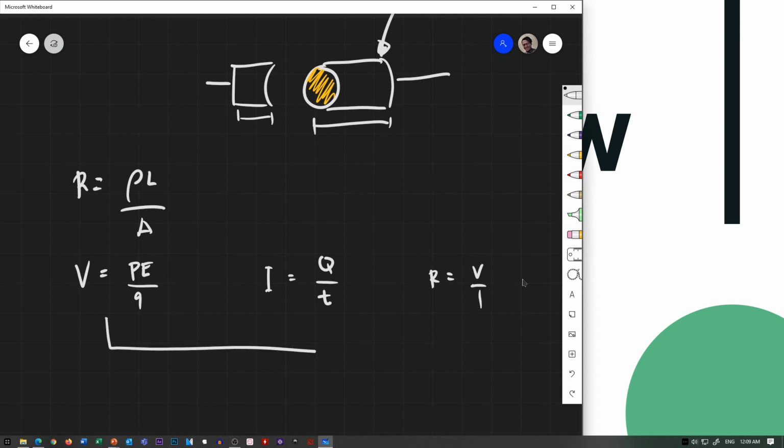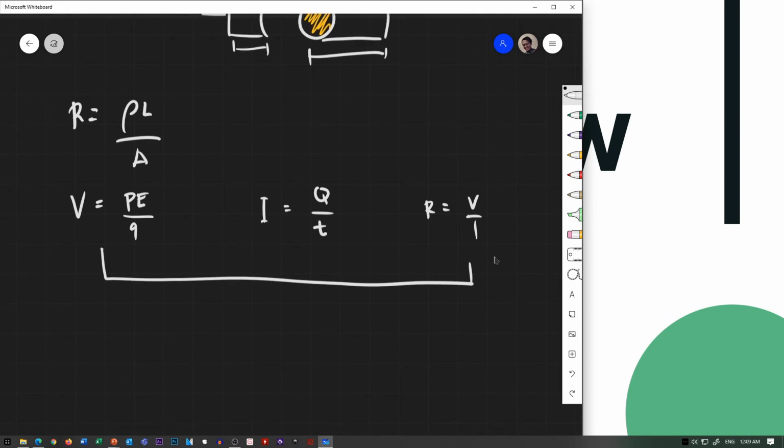Connecting these three, you can define resistance in terms of the other variables. You can define resistance in terms of PE over Q multiplied by, this is divided by I, so we're going to reciprocate, so this will become PE over Q times T over Q, which can be rewritten as PE times time divided by Q squared. That's one of the ways of defining it.